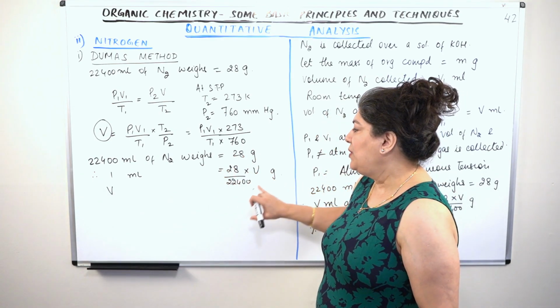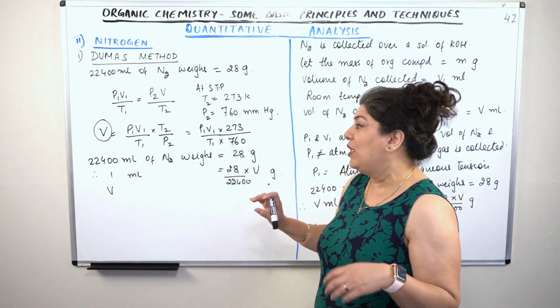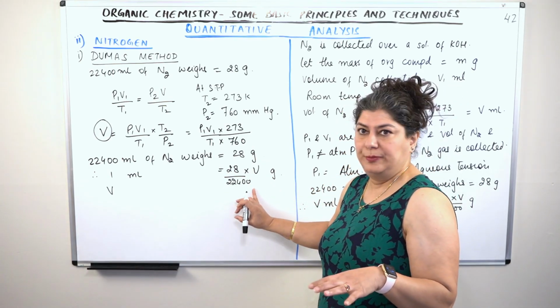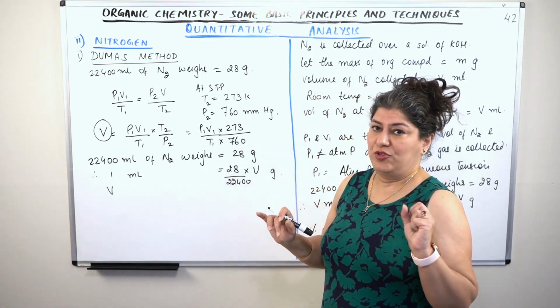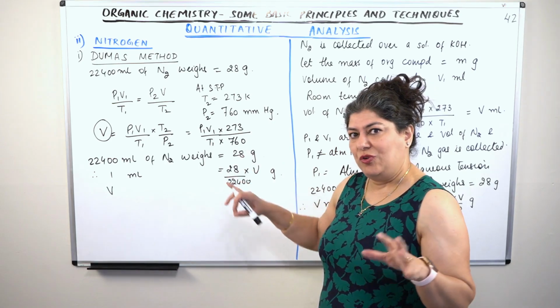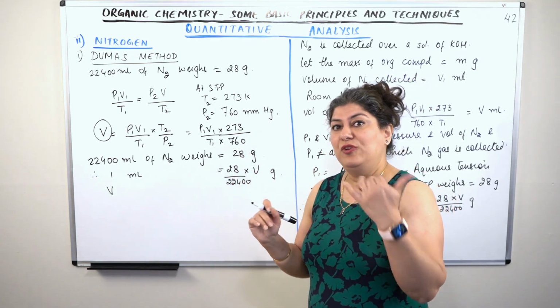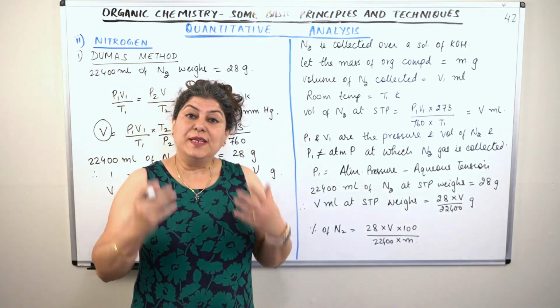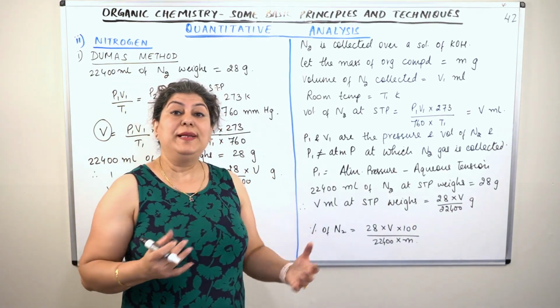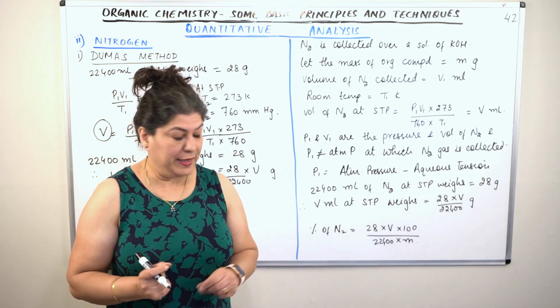So by using the unitary method, you have found the volume, and from the volume we have found the mass of nitrogen. After finding the mass of nitrogen, we will again use the unitary method to find the mass percentage. So from this information, we will calculate the mass percentage of nitrogen.